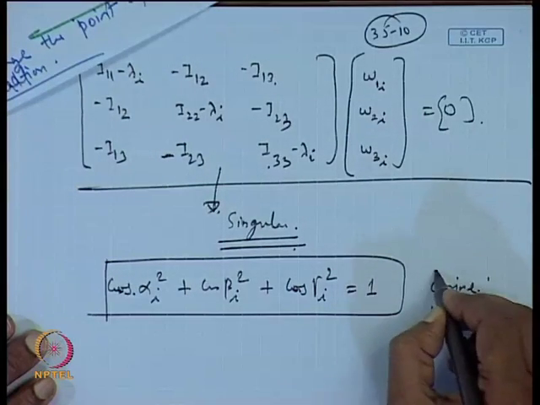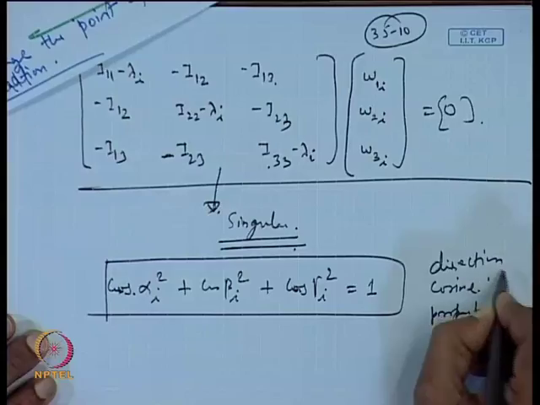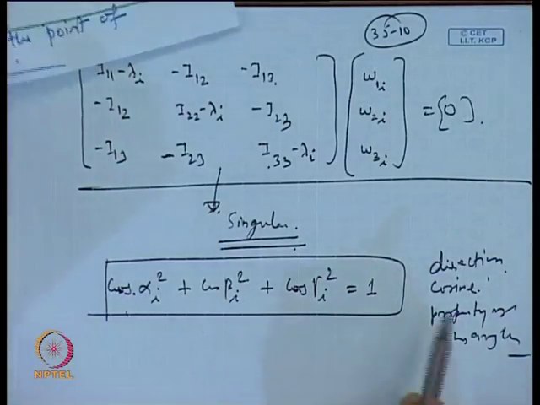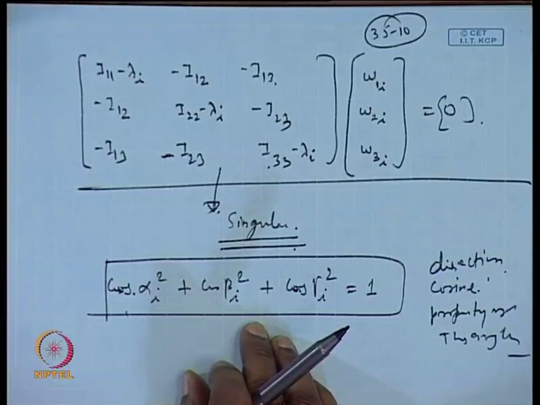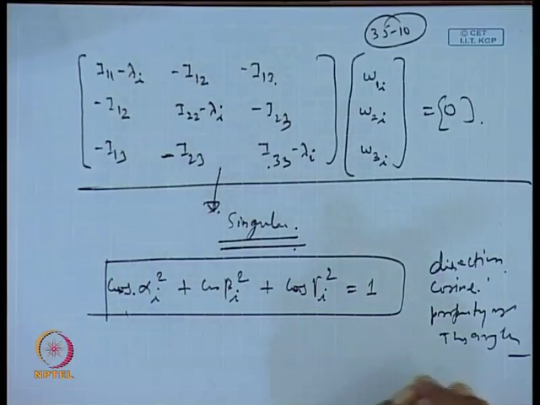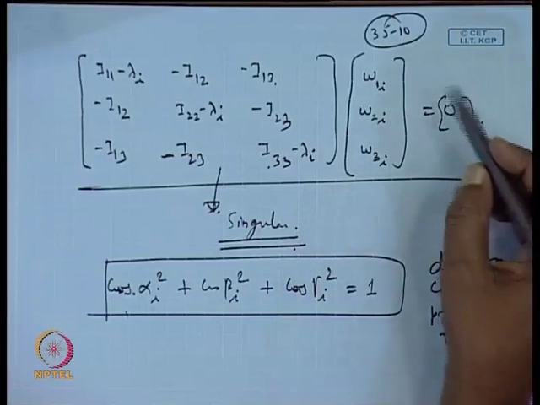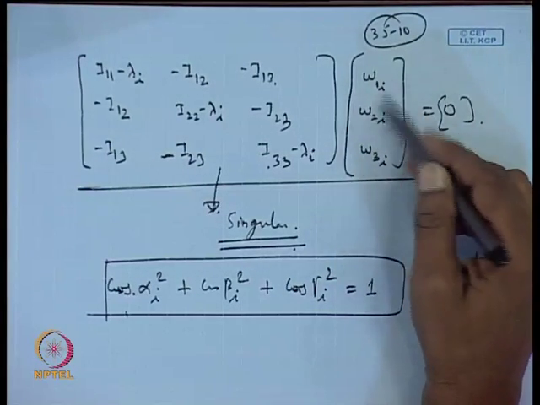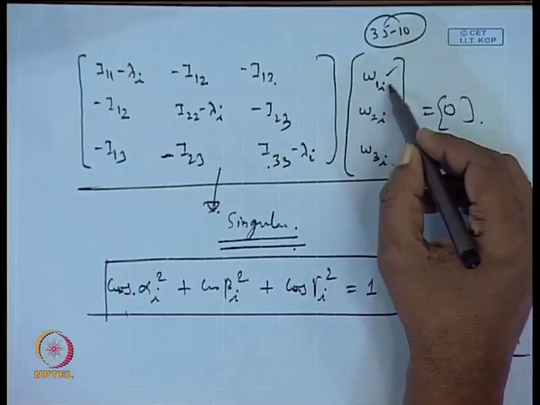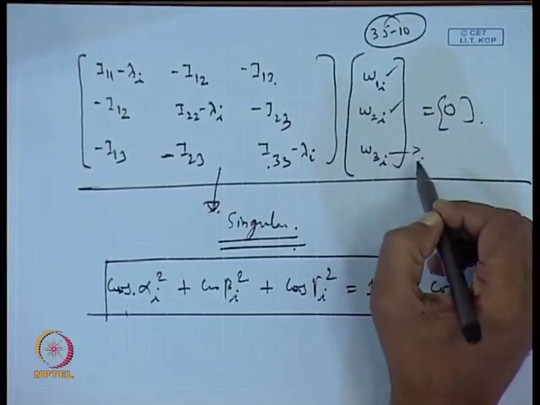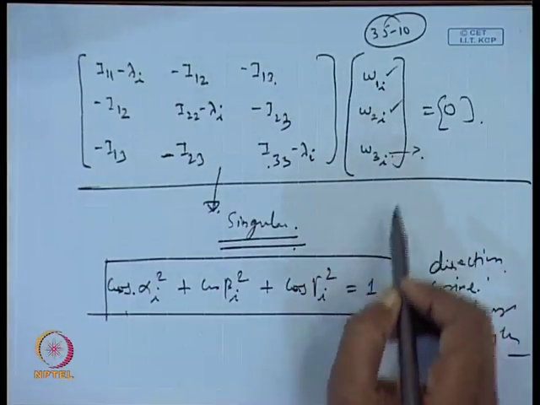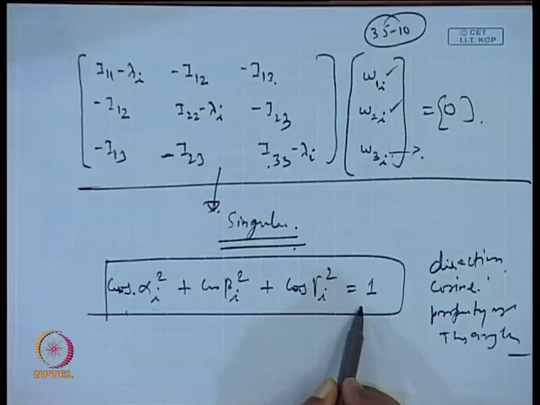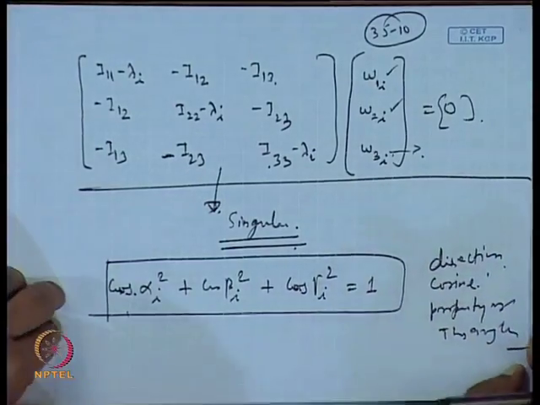These are the direction cosines, so the sum of their squares will turn out to be equal to 1. Now, if we impose this condition, you will be able to fix the third direction. It is telling us that only 2 elements, omega 1 I and omega 2 I, can be worked out, and the third cannot be worked out, because basically this is singular. To fix it up, if we assume that this condition is to be followed, then the whole thing gets solved.